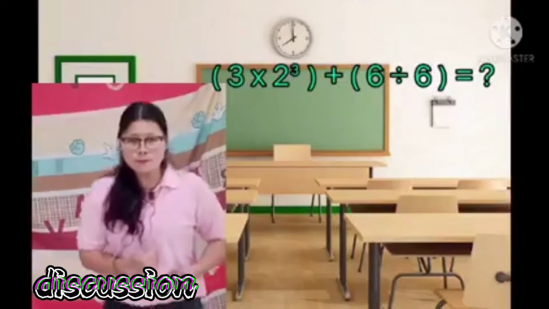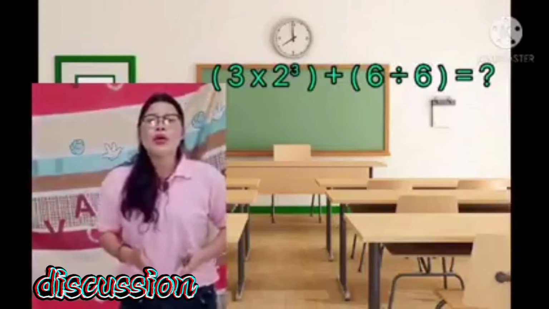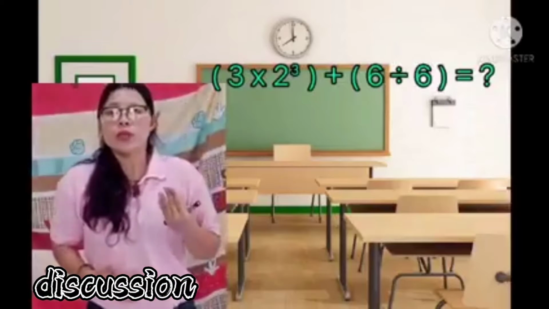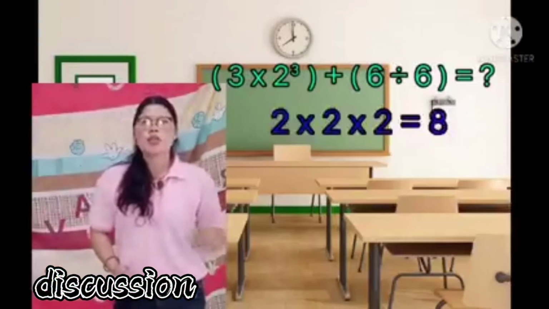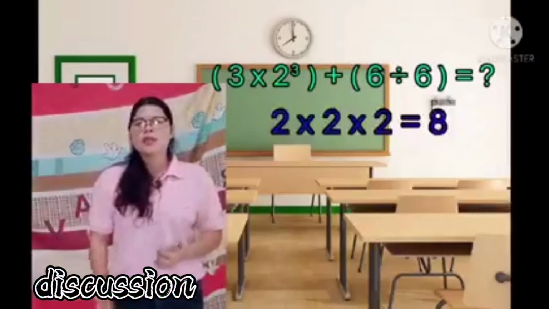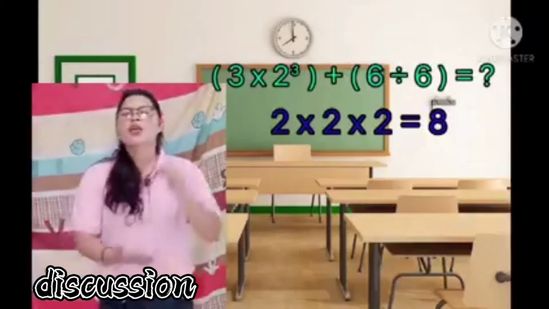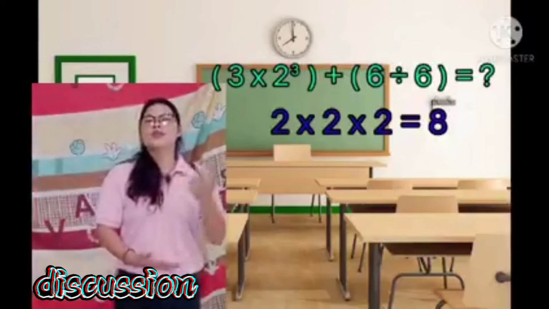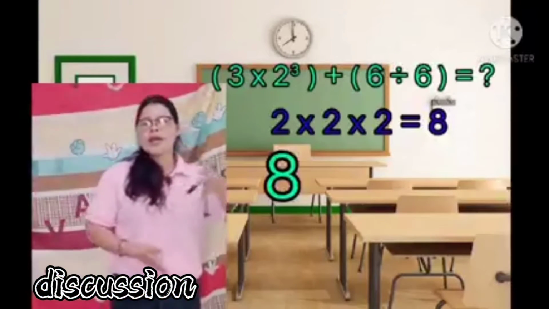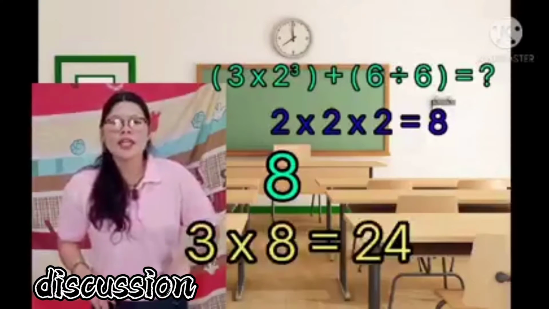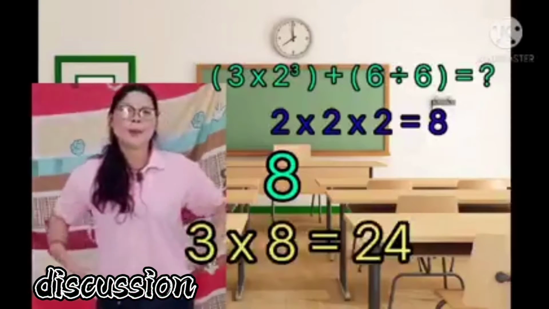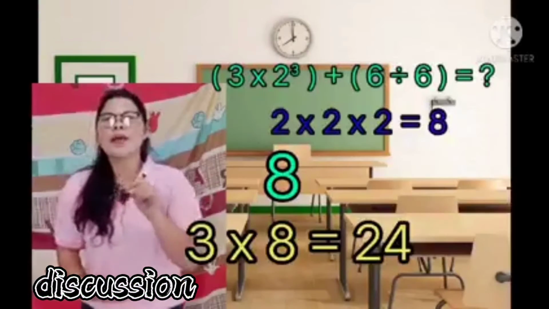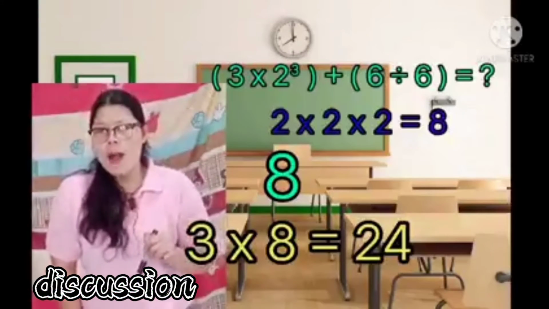So, let's go. 3 times 2 to the power of 3 plus 6 divided by 6. In order for you to simplify, let's simplify that 2 to the exponent of 3. So 2 times 2 times 2 equals 8. Bring down 8 with the 3 times inside the parentheses. And 3 times 8 equals 24.